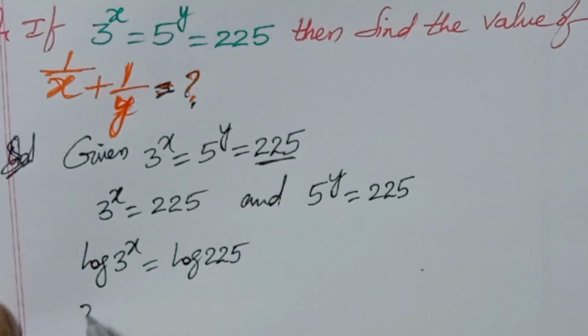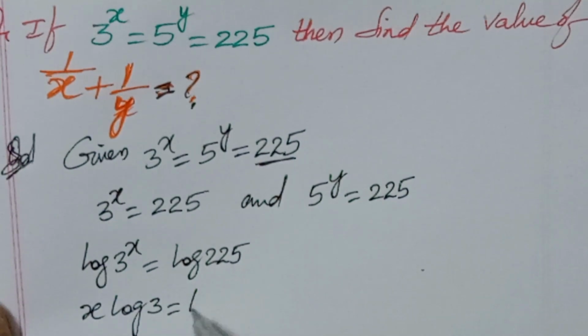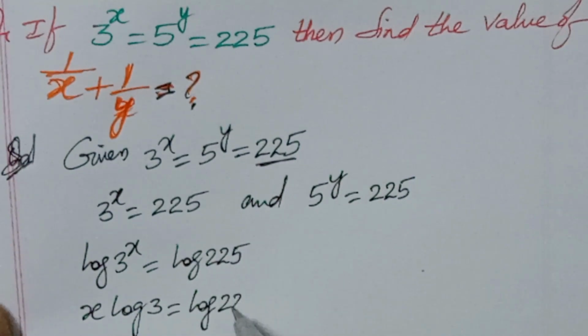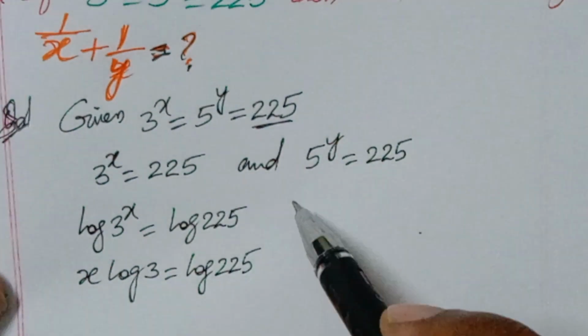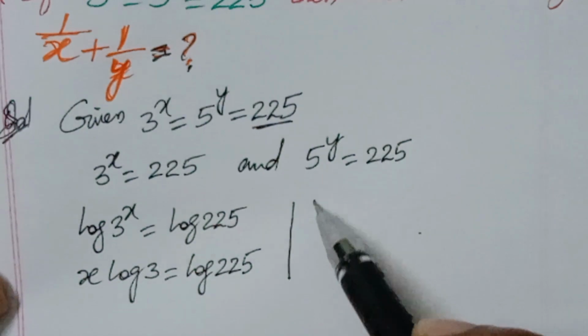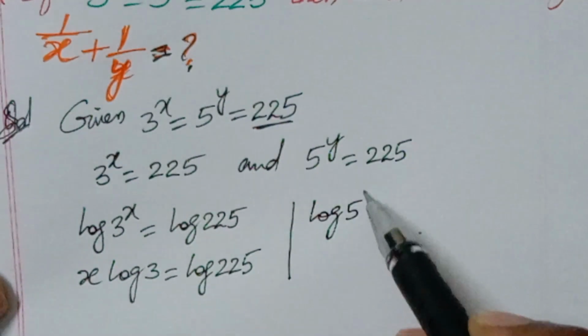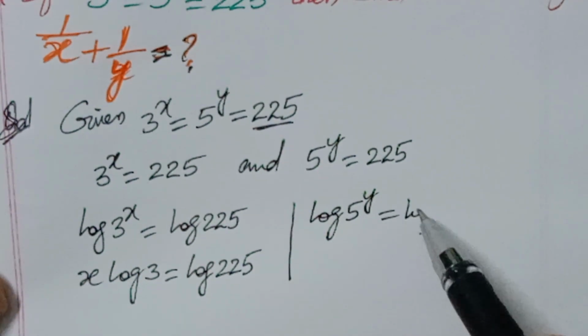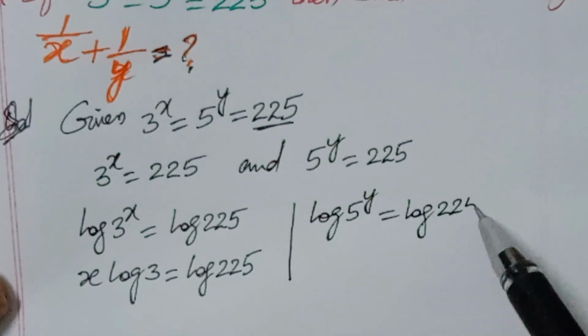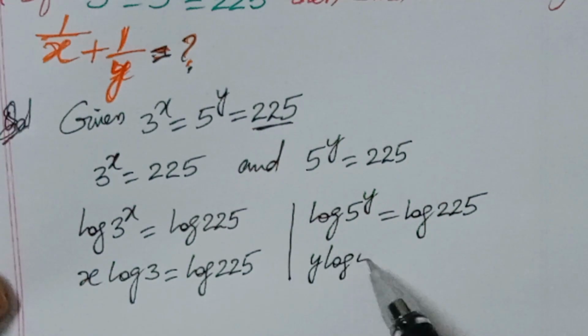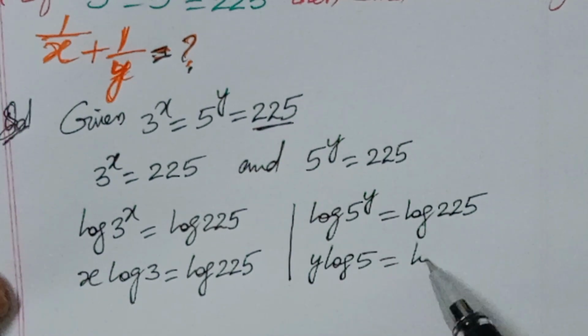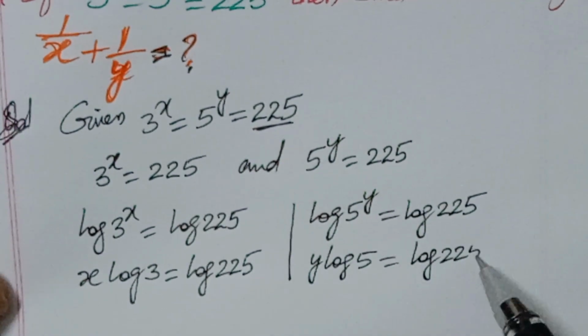So here you will get a power formula: x log 3 is equal to log 225. In the same way, here also you can take log 5 to the power of y is equal to log 225. So y log 5 is equal to log 225.